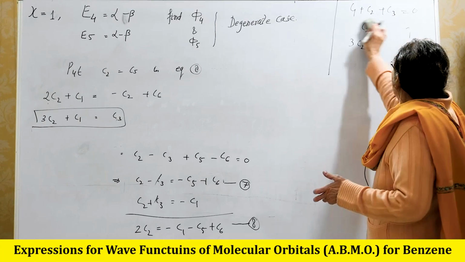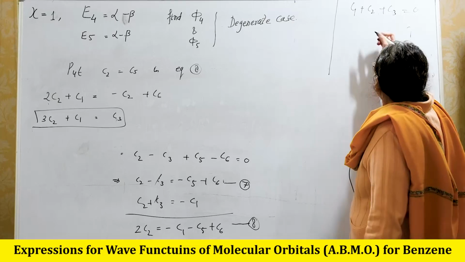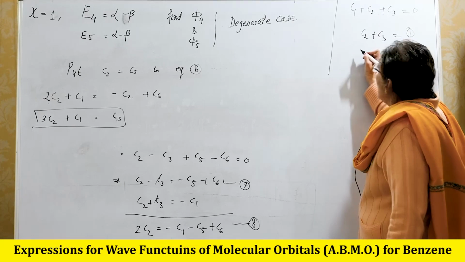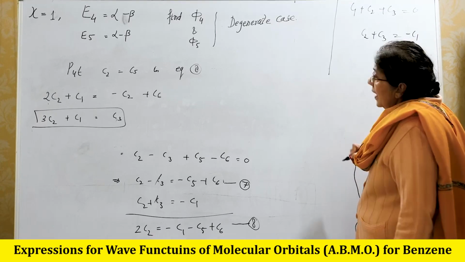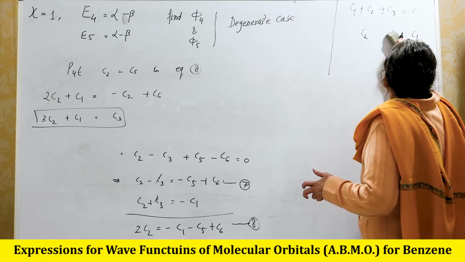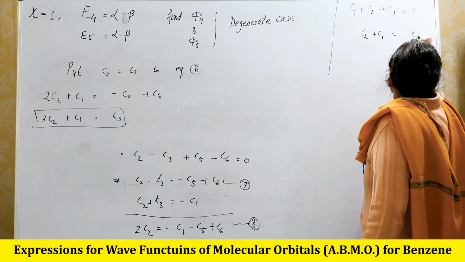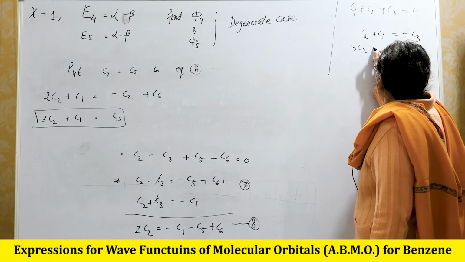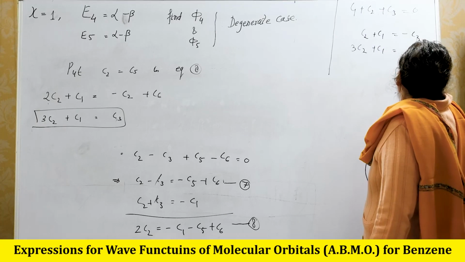From here we get the relationship that C2 plus C3 is equal to minus C1, so C2 plus C1 is equal to minus C3, and 3C2 plus C1 is equal to C3.